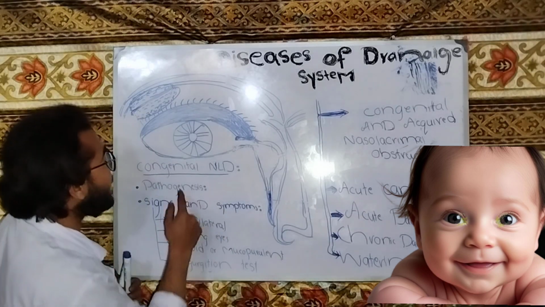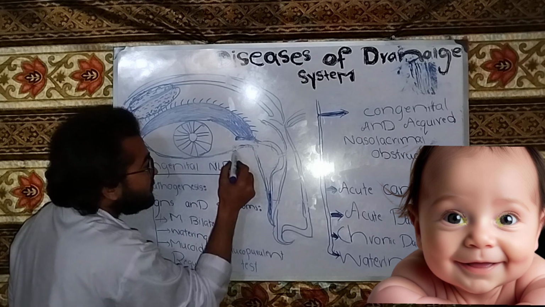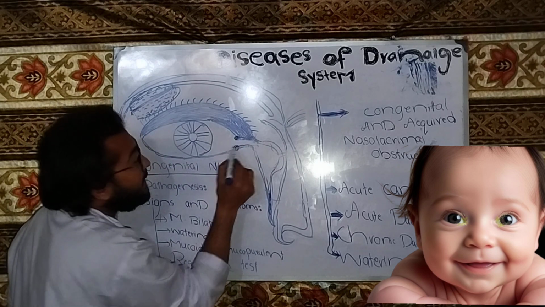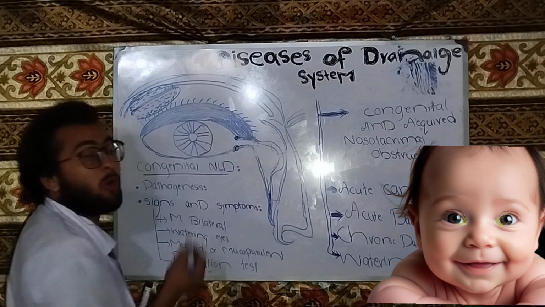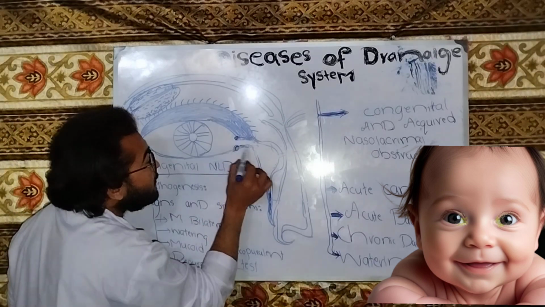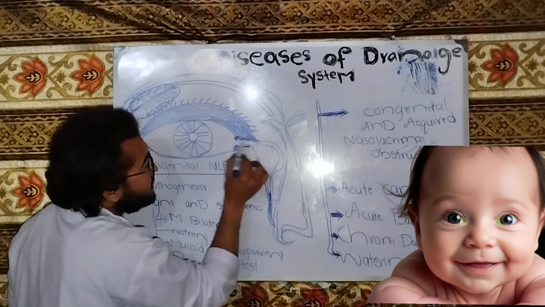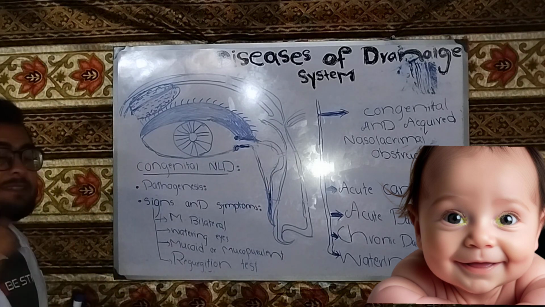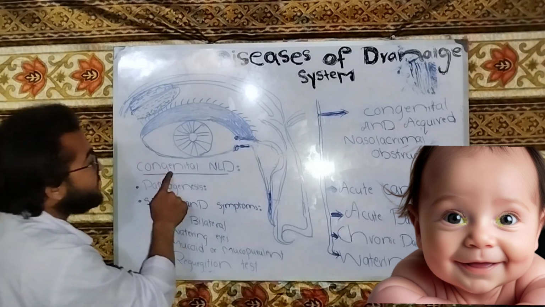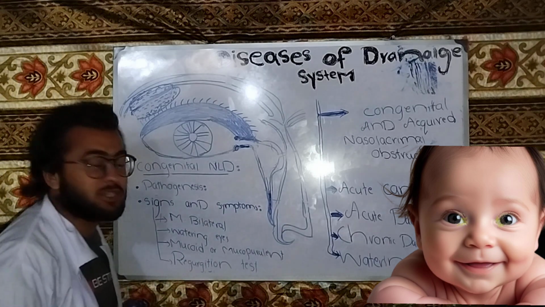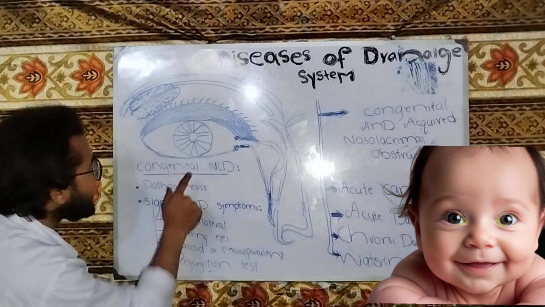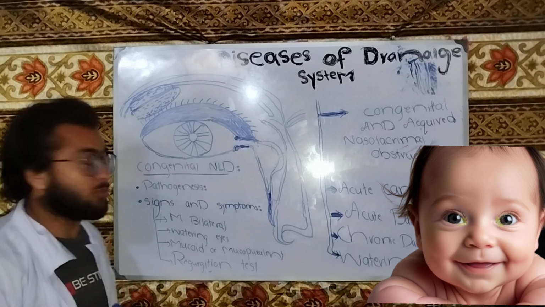And it can also be as a result of maldevelopment of the punctum, if there is maldevelopment in these small openings, or maldevelopment of the canalicular regions. So these all can contribute to the NLD. But the major cause of congenital NLD is the non-canalization of the distal portion of the nasolacrimal duct. So this is the congenital nasolacrimal duct obstruction.